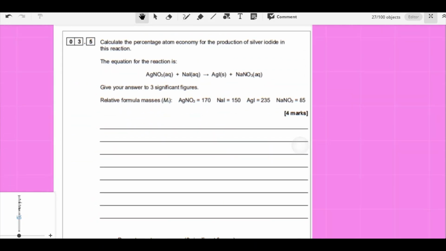Okay, now the next question. Calculate the percentage atom economy of the production of silver iodide in the reaction. I think we already did the same type of question in our previous video. Here you can see the equation of the reaction: silver nitrate and sodium iodide form silver iodide and sodium nitrate. The relative formula masses are given, so you have to find the percentage atom economy of the silver iodide.